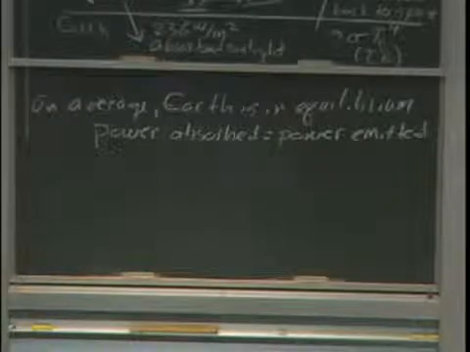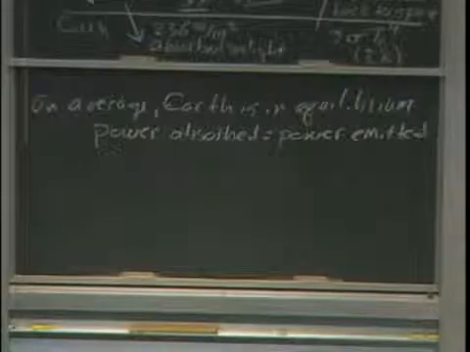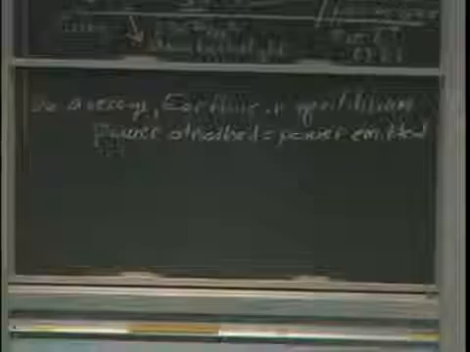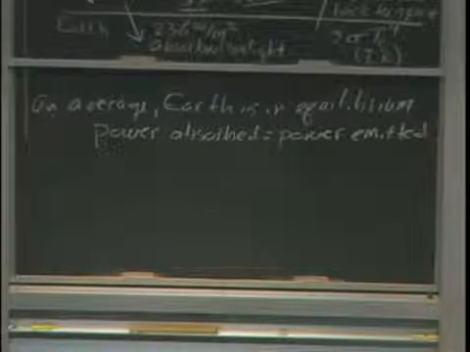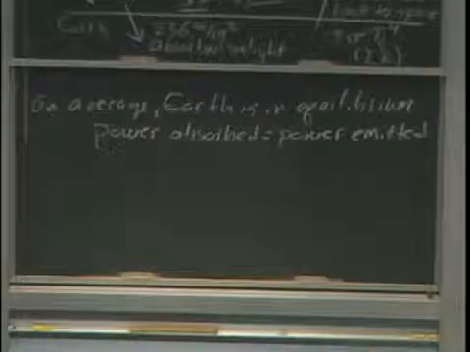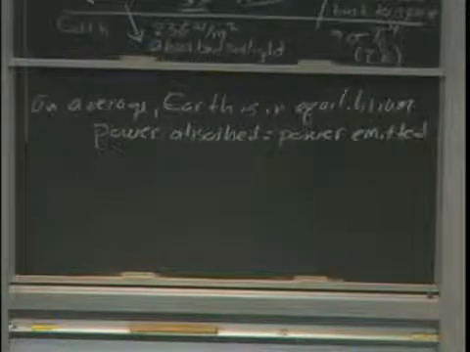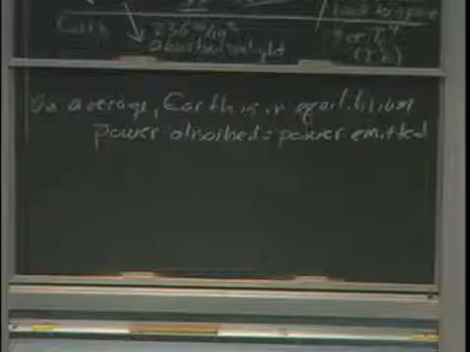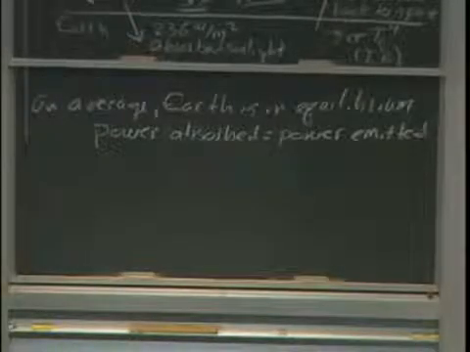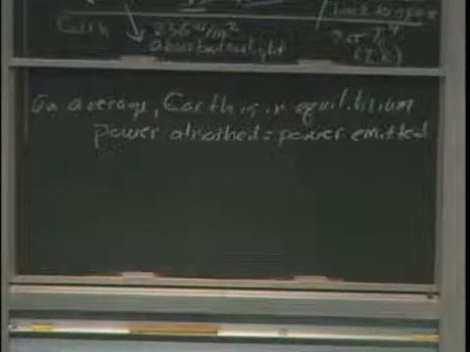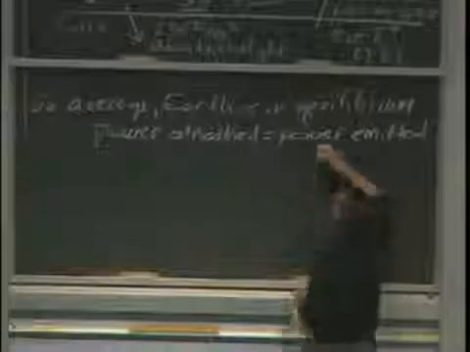If that weren't true, if there were more power in than power out, then the Earth would keep heating up. If there were more power out than power in, then the Earth would keep cooling down. So on average, over millions of years, the temperature might vary day to day, it might vary place to place, but on average, the temperature of the Earth has not changed so dramatically. So on average, the Earth is in equilibrium.